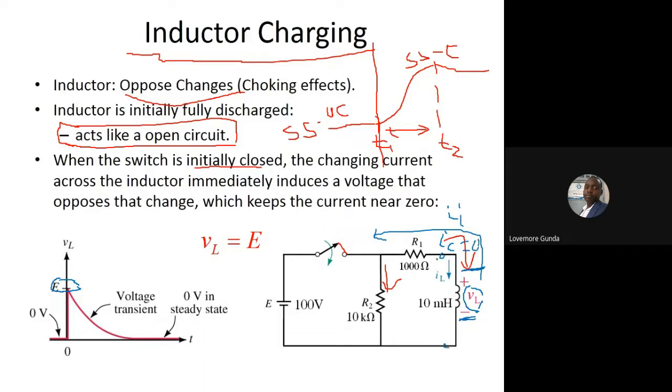So if you measure between A and B, you get the value of the source E. So it starts at E. The magnetic field is fully developed, and it is that. Then as the magnetic field starts to collapse, the voltage across the inductor starts to decrease.